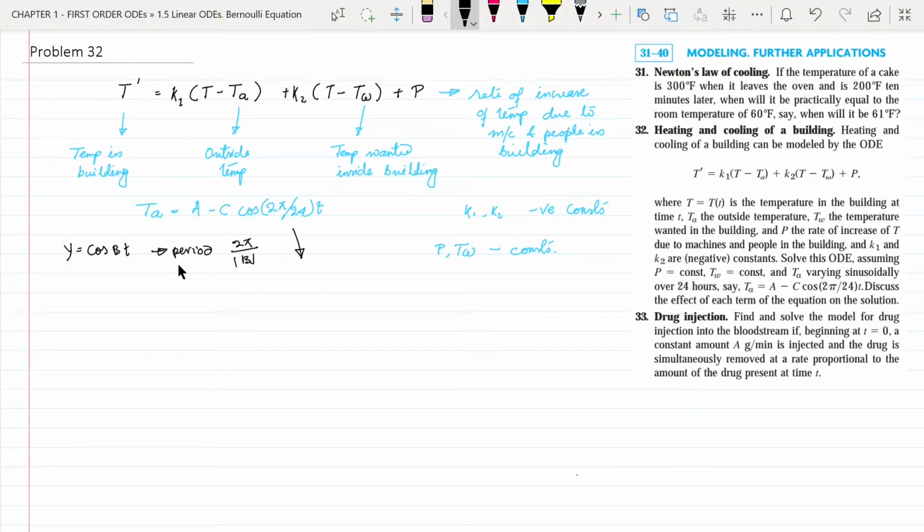So this function should have a period of 2 pi divided by 2 pi by 24. These 2 pi terms cancel out and this is equal to 24. So we can see that the function TA equal to A minus C cos (2 pi by 24) t has a period of 24 hours, which is logical because TA represents outside temperature, and the outside temperature increases in the daytime, decreases in the night time, and this cycle continues every 24 hours. So that is why the period of this function is 24 hours.